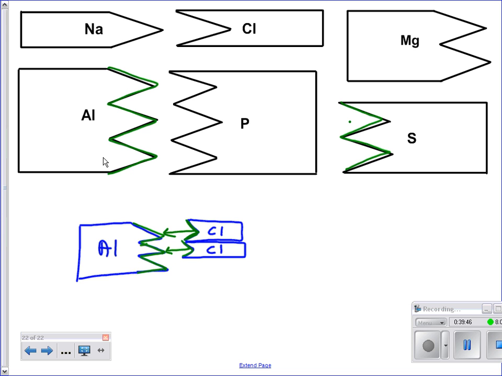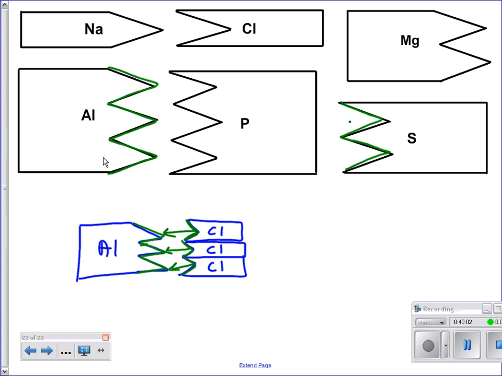So aluminum has now given away 2, and I now have 2 chlorines that have filled octets. So aluminum still has 1 more to give, so another chlorine is going to come up and it's going to go ahead and take this last valence electron.